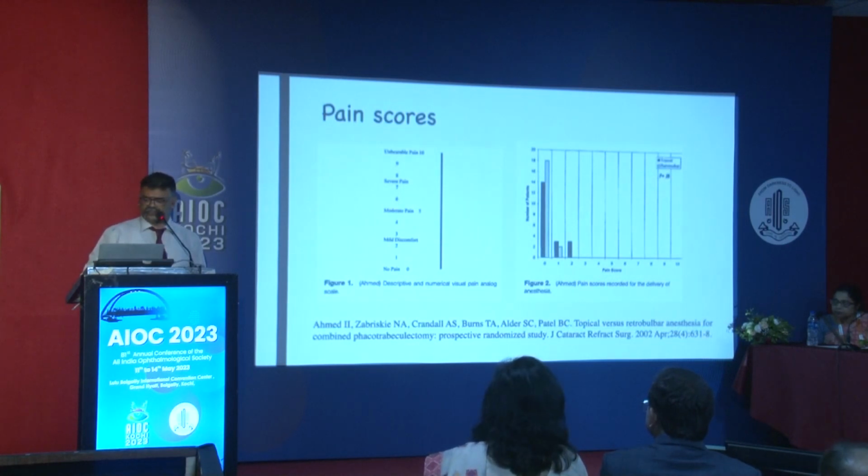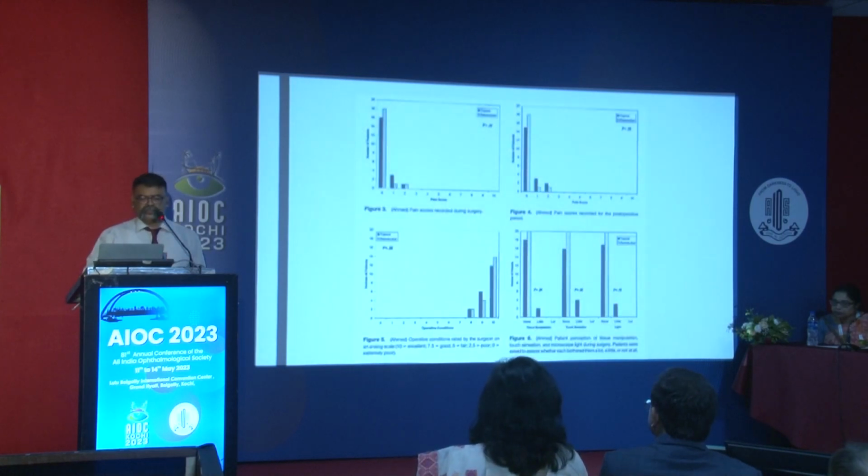As you can see, the graph is almost nil. The patients graded their experience based on their perception of tissue manipulation, touch, sensation, and microscope light during the surgery. This is vis-a-vis the surgeon's skills too.